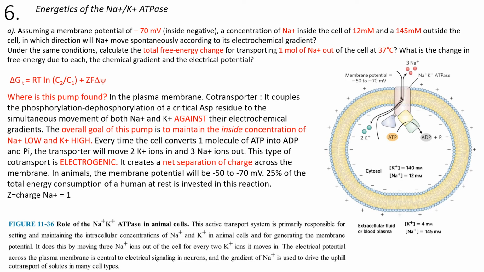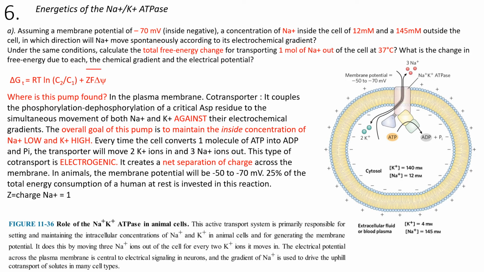Now, let's see. Under the same conditions, calculate the total free energy change for transporting 1 mole of sodium out of the cell at 37 degrees Celsius. What is the change in free energy due to each, the chemical gradient and the electrical potential?